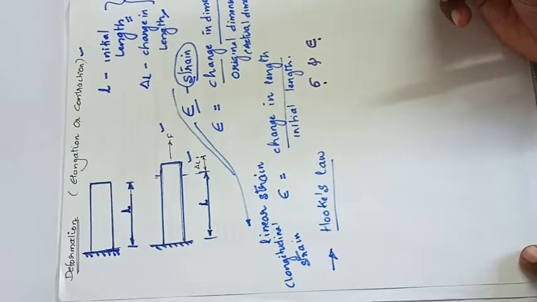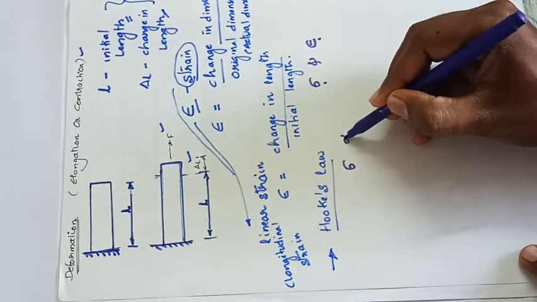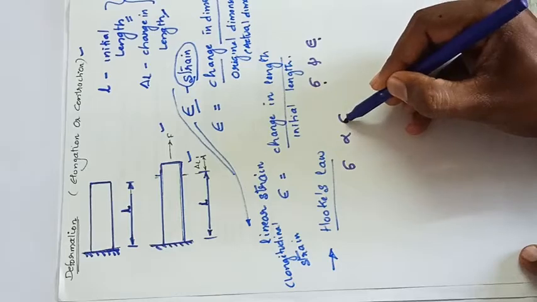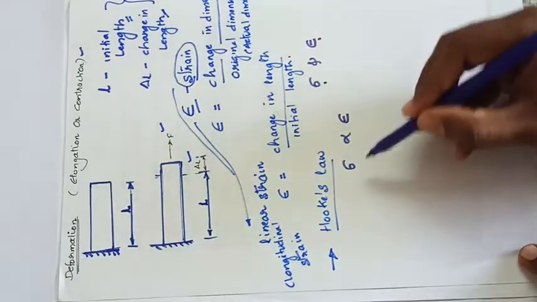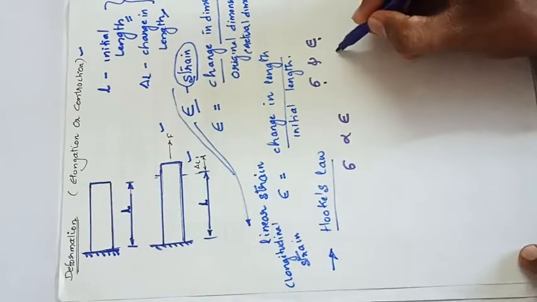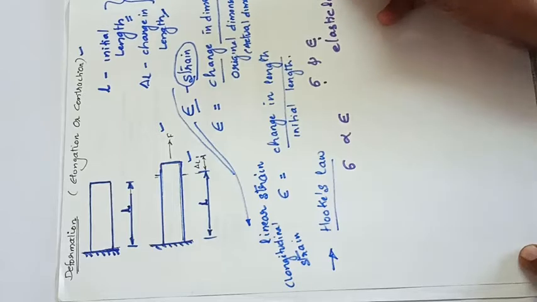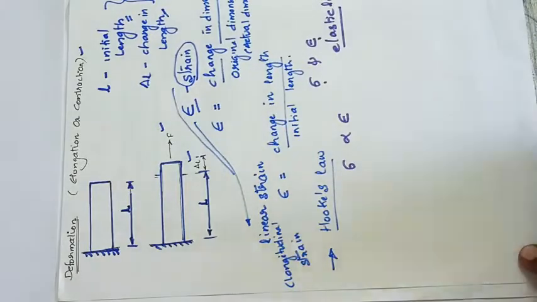What it states is that sigma, that is stress, is directly proportional to the strain, within the elastic limit. What this elastic limit is, we will discuss later. Now we are only focusing on Hooke's law.